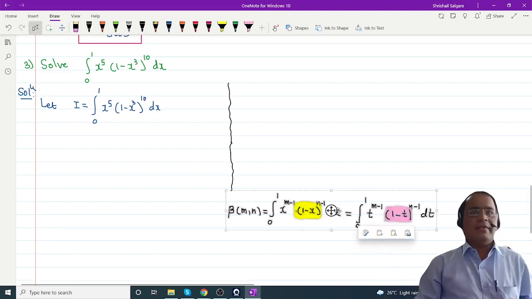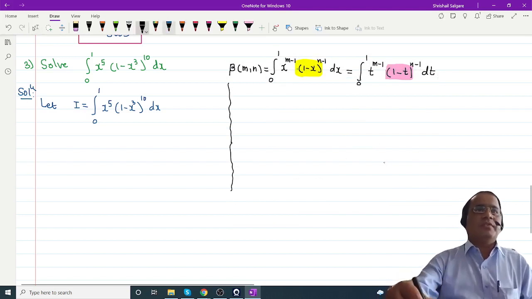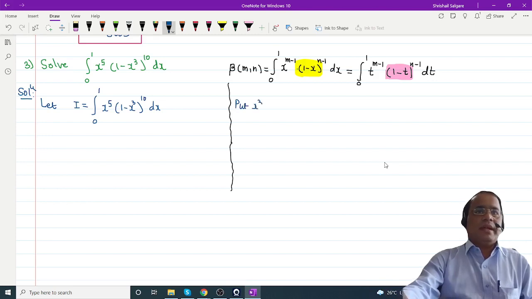Again, if required, the definition of beta. x cube equals t. Very good. You have to substitute. What is your substitution? Put x cube equal to t, or the same thing you can write x equal to t raised to 1 by 3.